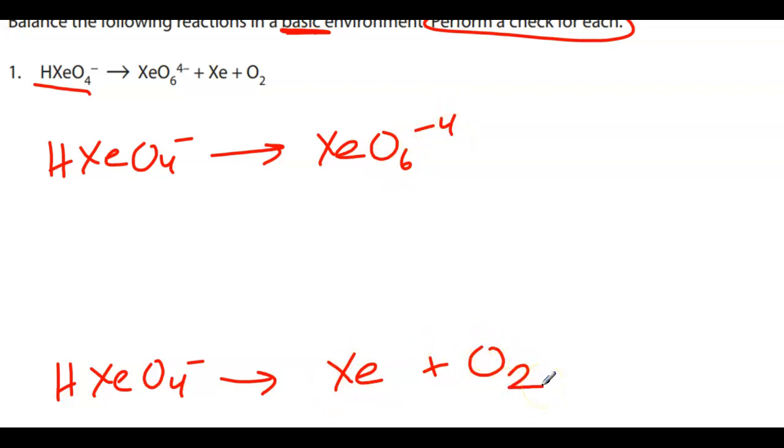When it's something like this, where there are more than just two products, let's say this O2 was not there, then this is exactly what you would have done. You would split the products in the half reaction, one going with one and one with the other. Because you have a third product, it doesn't matter which reaction you give that third product to.